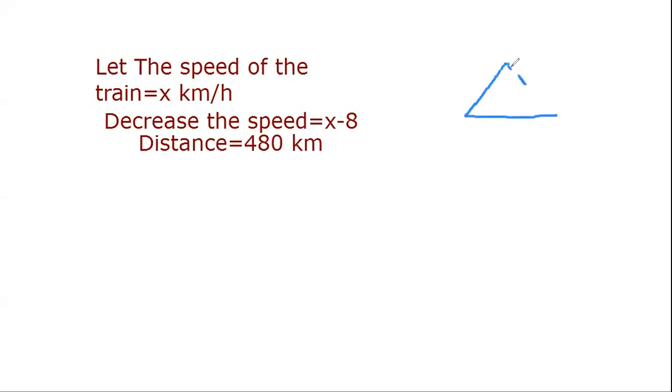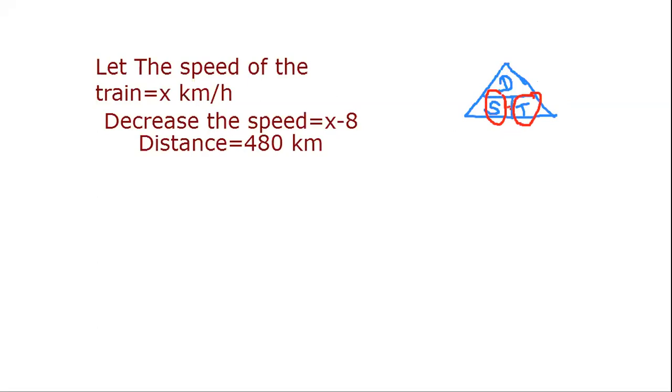We have to draw one triangle like this, and put S, D, T. Then remember: when you find S, then S equals D upon T. When you find time, then time equals D upon S. And distance equals speed into time.